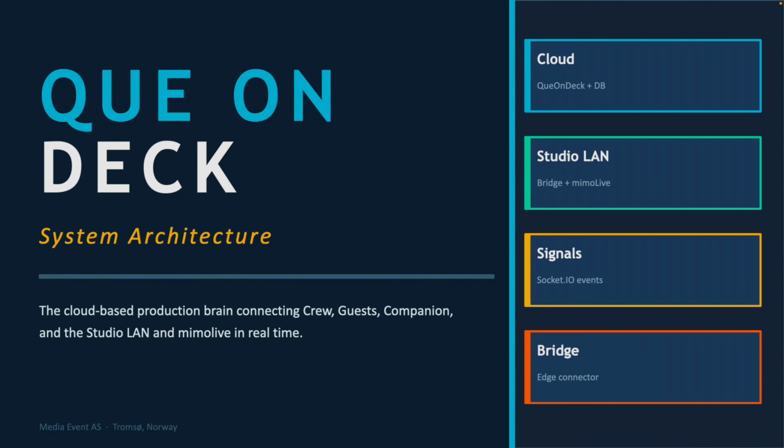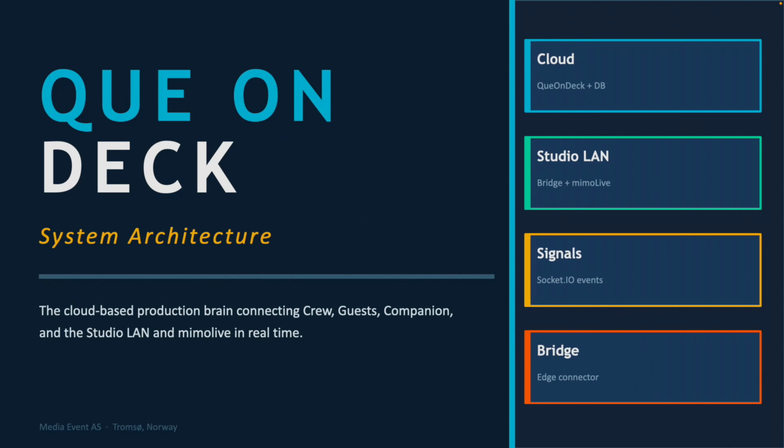Then we have our bridge application, which is running inside the network and is in direct contact with mimoLive and translates the information going in and out of the network where the mimoLive machines are hidden behind every security measure. And then, as you can see in the yellow box, we use different signals going back and forth from this system, and we use a bridge application for that as well.